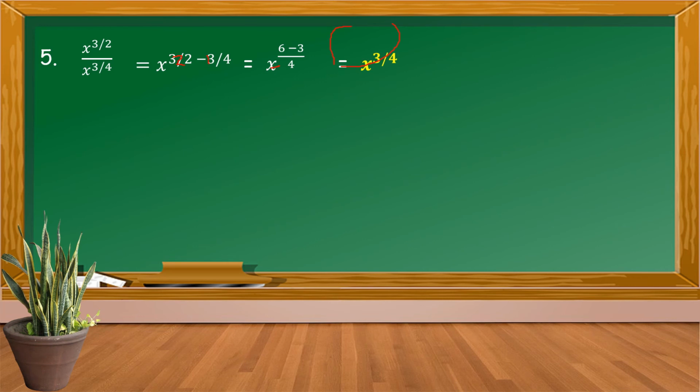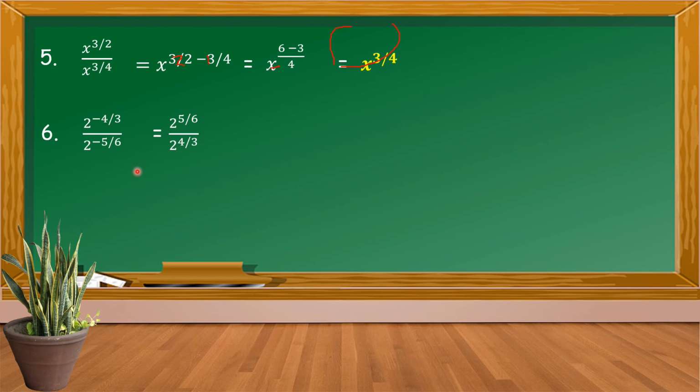Next, number 6. 2 raised to the power of negative 4/3 over 2 raised to the power of negative 5/6. In this case, we will find the reciprocal first of these two expressions because their exponents are negative.